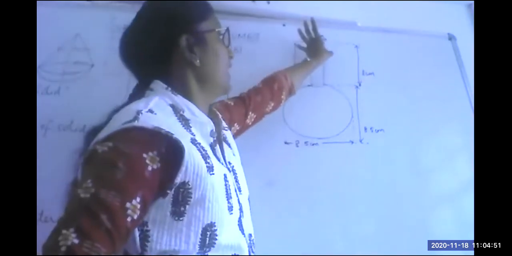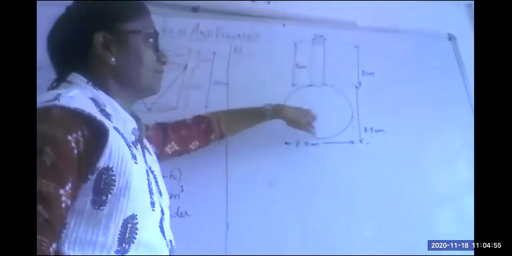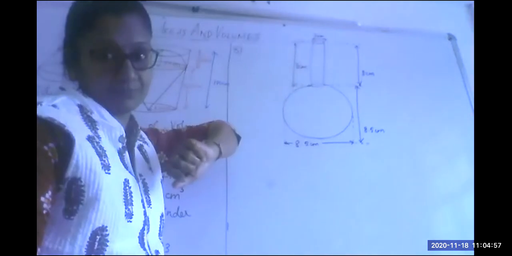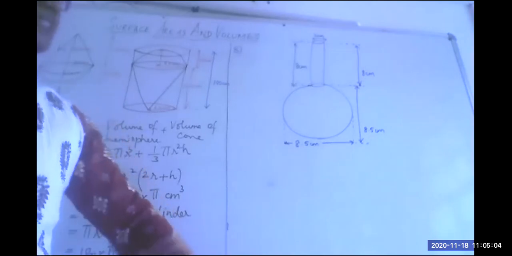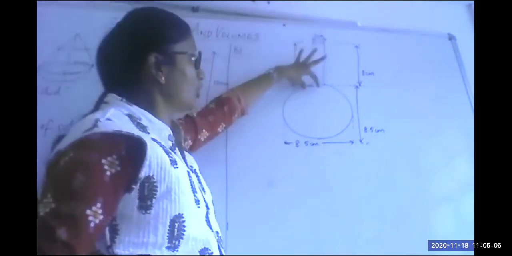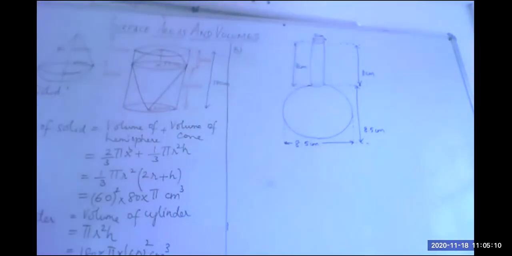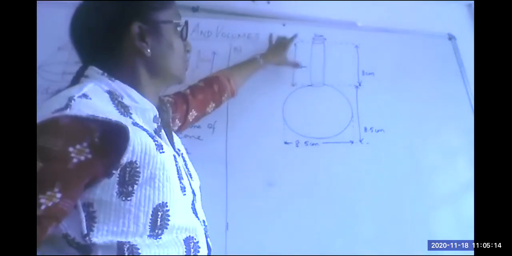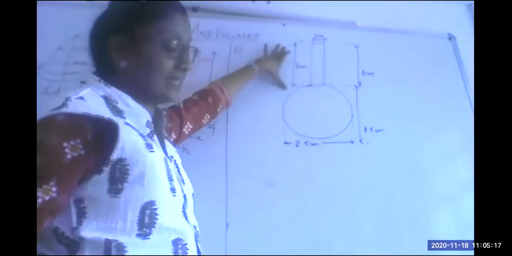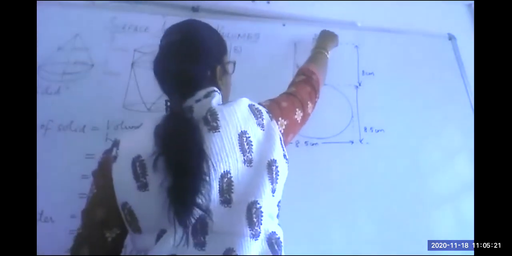So it has a neck which is in the shape of a cylinder and the bottom which is in the shape of a sphere. So this is the solid we are discussing. A spherical glass vessel has a cylindrical neck. The neck of the vessel is cylindrical in shape, which has a length of 8 centimeters, and the diameter of the cylindrical part is 2 centimeters.